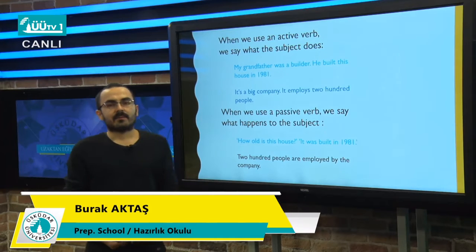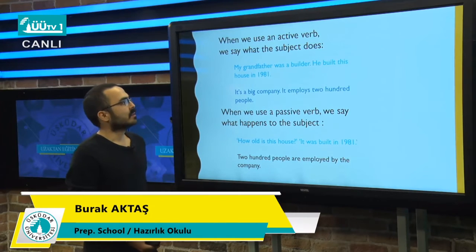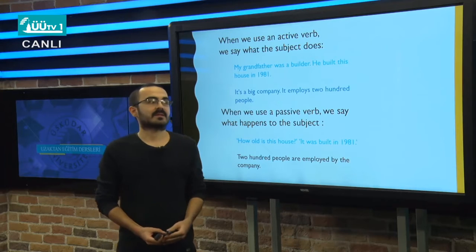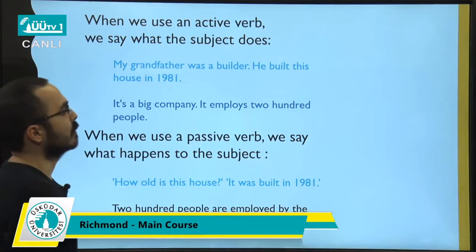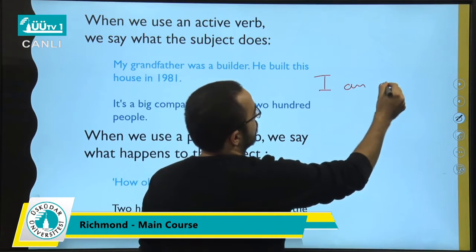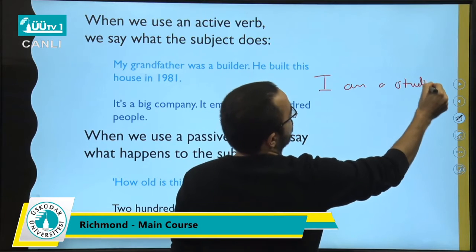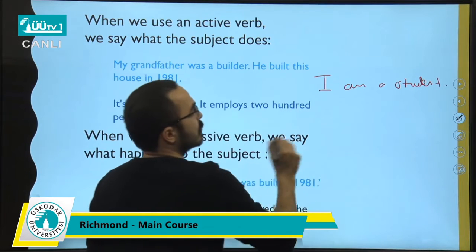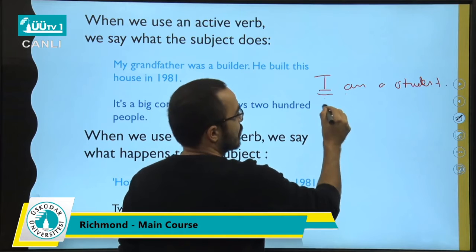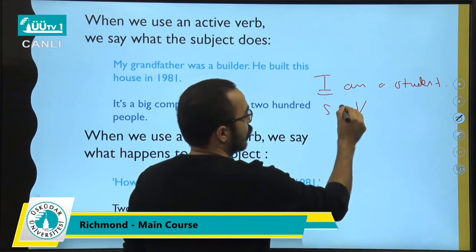So in English, when we create sentences, there are certain rules for the order that a sentence follows, right? For example, you say, I am a student, right? So here it always follows a subject and a verb, right?